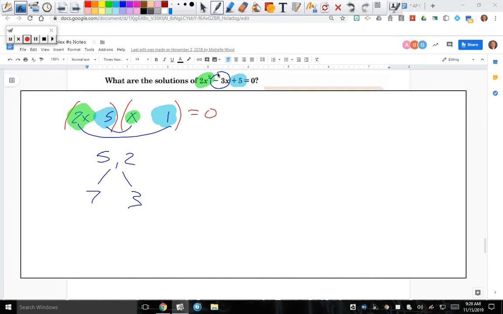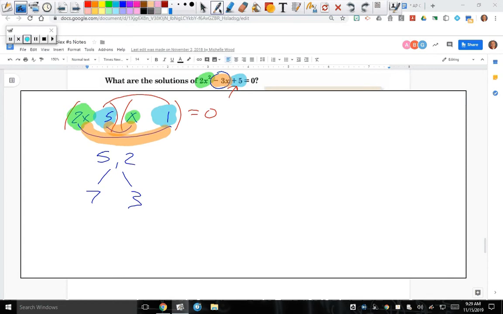I don't have to do quadratic formula if I don't want to. I could get it right here. All I would need to do is line up my signs to make them work. So I need these blue ones to multiply to a positive 5, and then these orange ones to add to give me a -3.